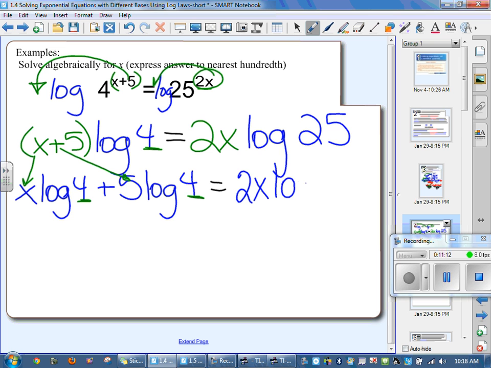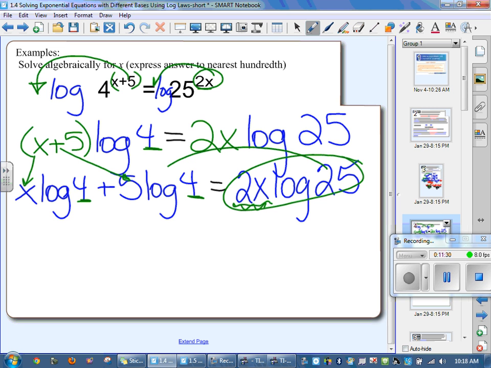Now, on the right-hand side, is there a plus sign or a subtraction sign between the 2x? No, there isn't. So that means we're not going to separate him. Okay, but he has the x. So that means we've got to take all of this to the left-hand side because he's got x. We need x on the left so we can solve for him. Okay?